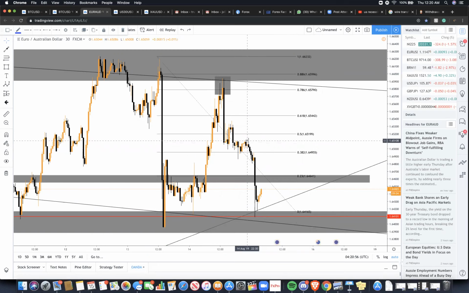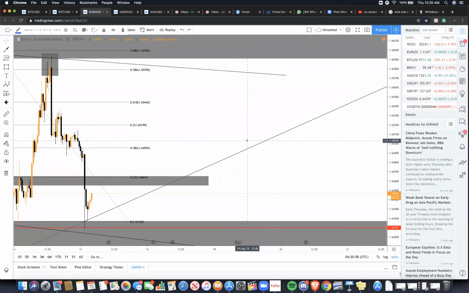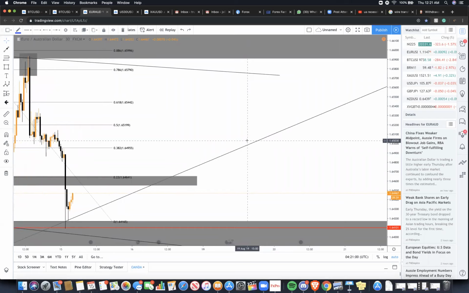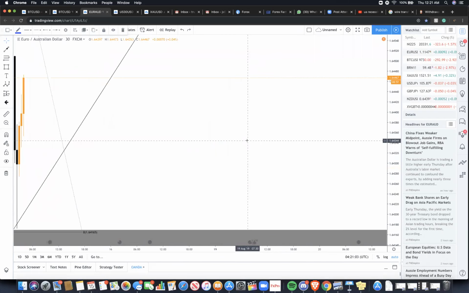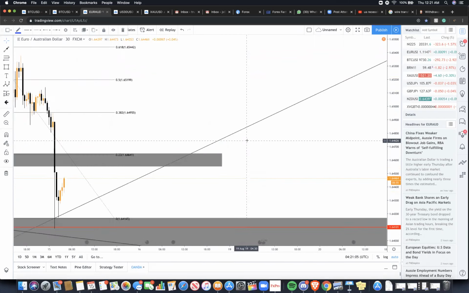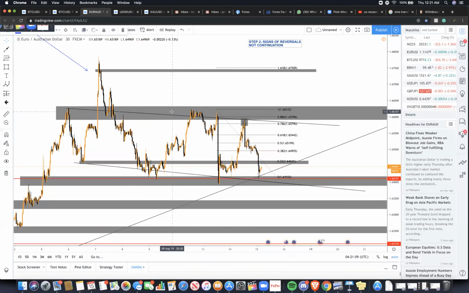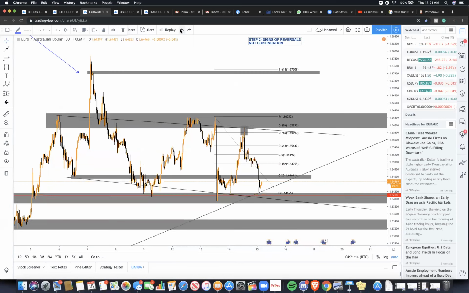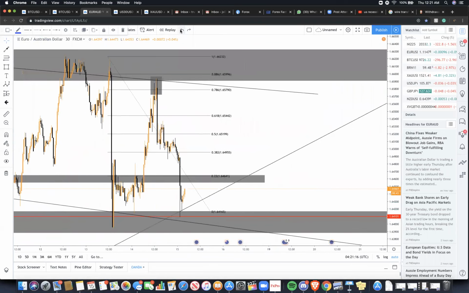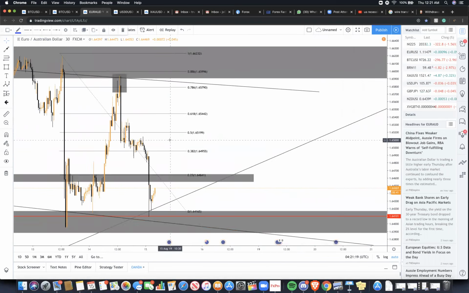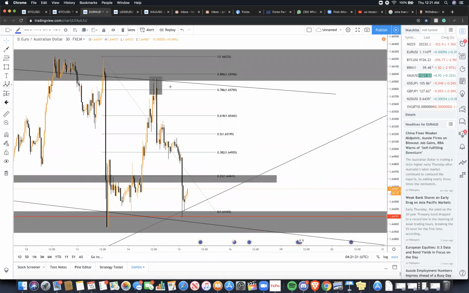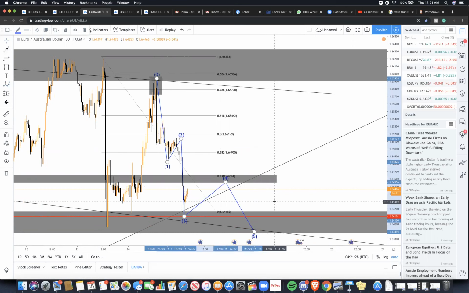If I bring back my Elliott wave that we identified earlier, we identified that this was the first move down, this was second, this was third, this was fourth, and the next one was going down to fifth.